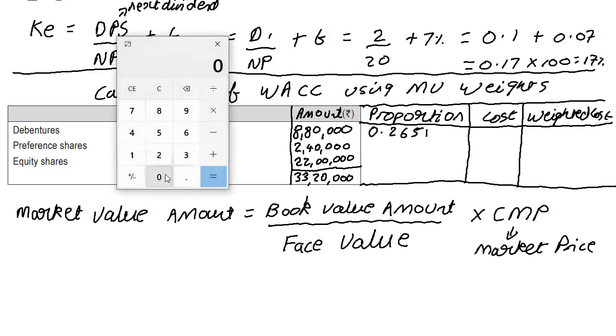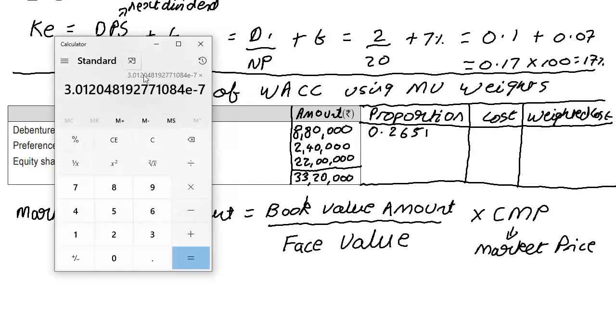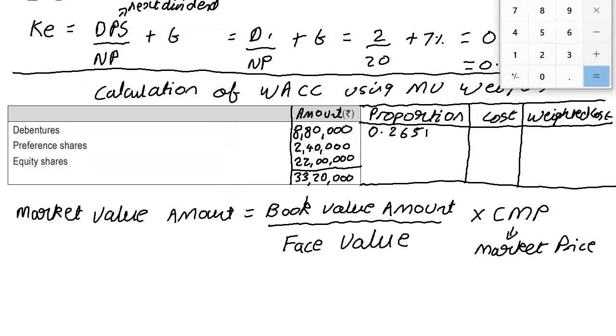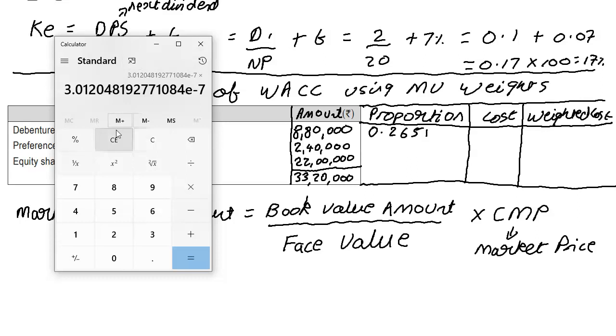The next we have 2,40,000 upon 33,20,000. Remember, all of you have the benefit of using the shortcut on your normal calculator where you do 1 by 33,20,000 into, and then you can solve one line at a time. And again, I don't have that benefit here, so I'm going to do them manually one after the other.